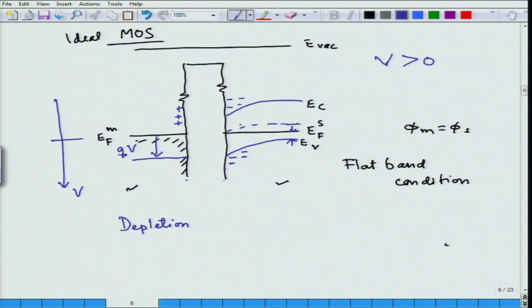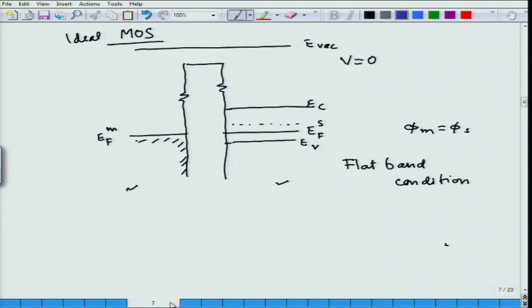Now, what I want to do is, I want to increase this V further to more positive. If I keep increasing this further, as you can see, there will be more band bending. So, let us see what happens if there is going to be more band bending, which means V is now greater than V depletion, where the depletion started.